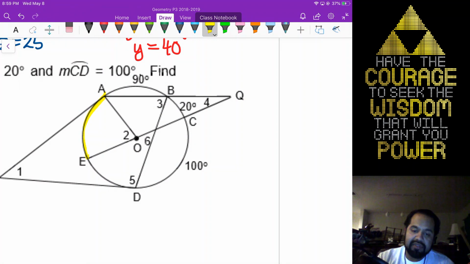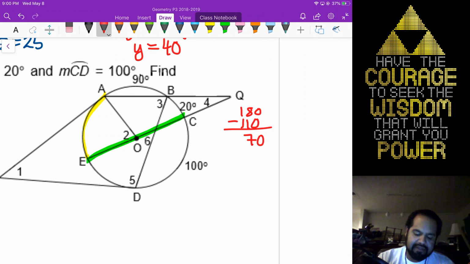What we have to remember is we have a diameter here. So 90 plus 20 plus what equals 180. So we're going to say 90 plus 20 is 110. There we go. So we're going to do 180 minus that.